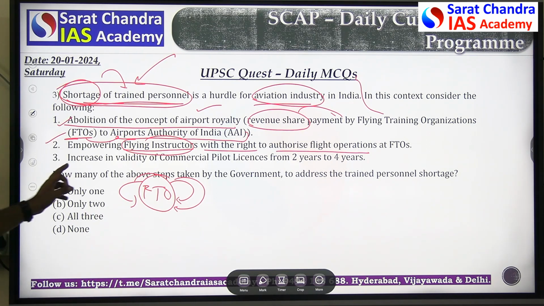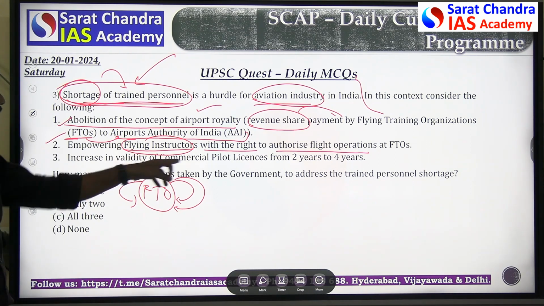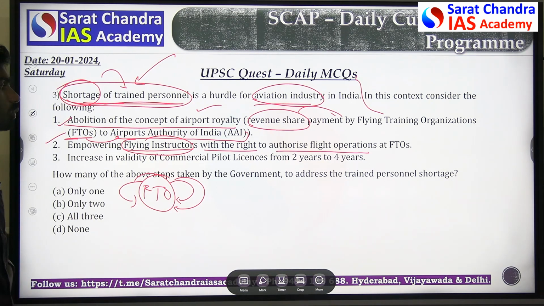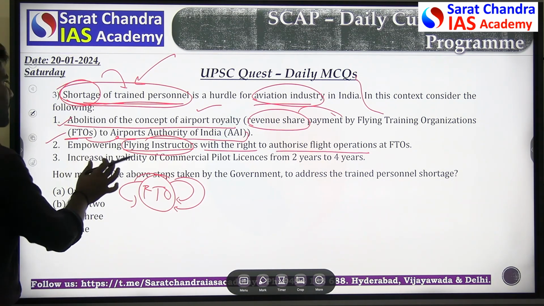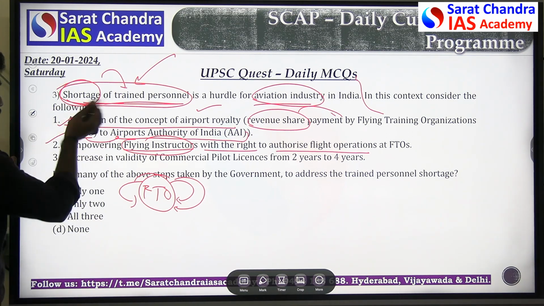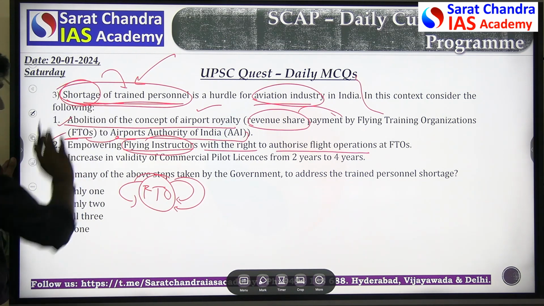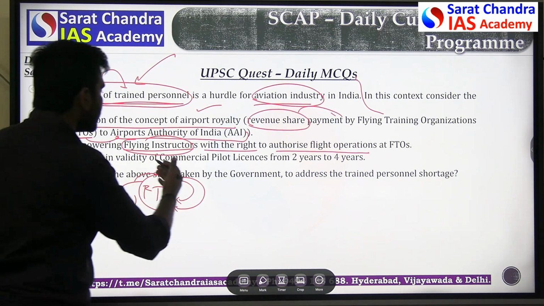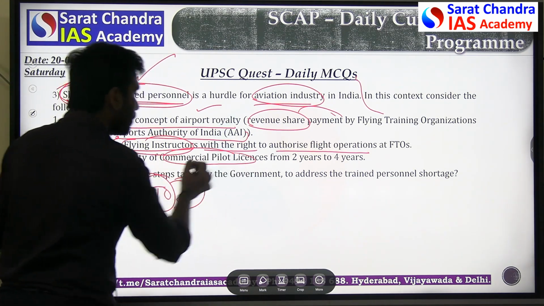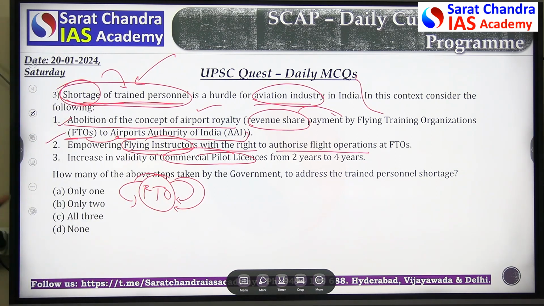Next, increase in validity of commercial pilot licenses from 2 years to 4 years. Increasing the validity of the commercial pilot license is one of the steps to counter this hurdle, because we then have more human resources, right?